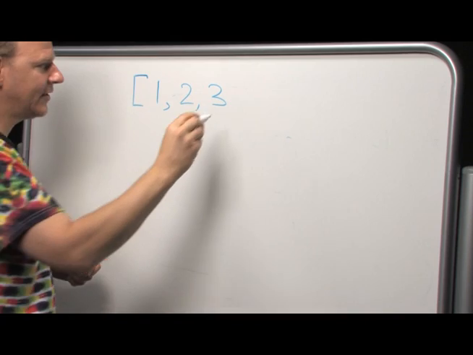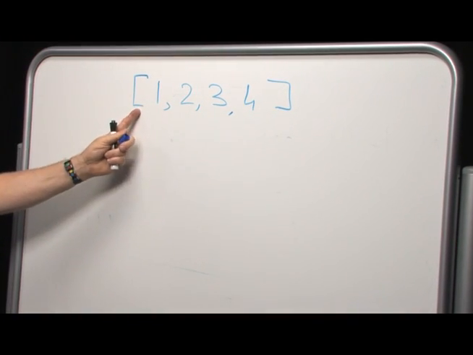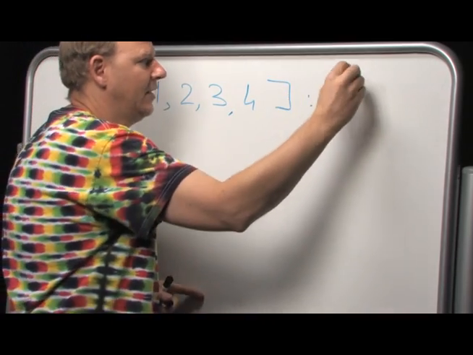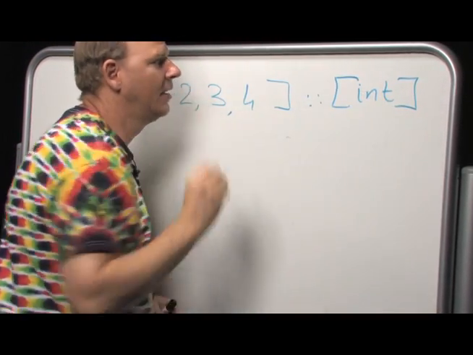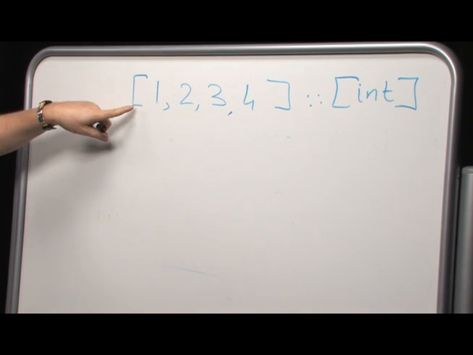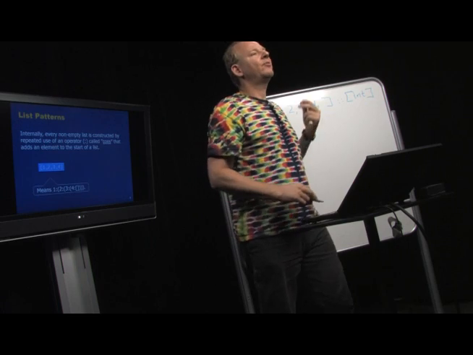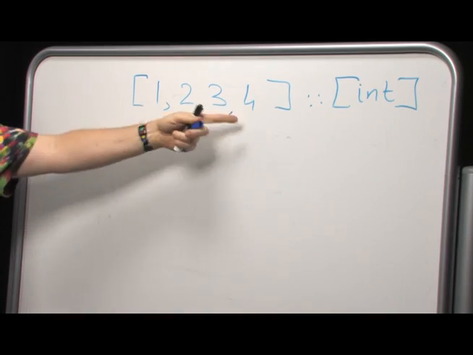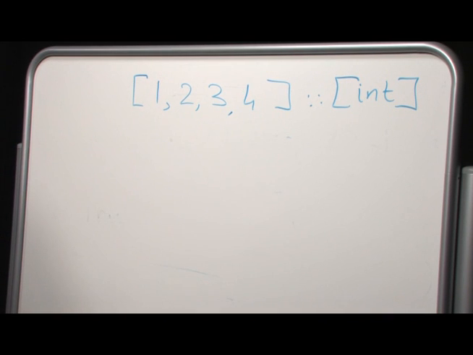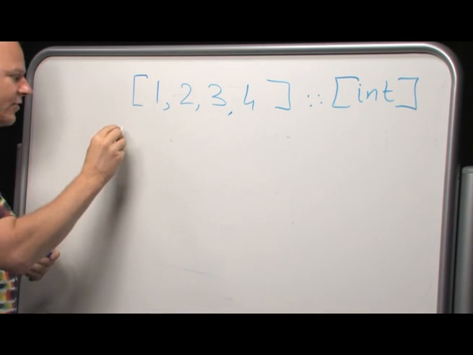If you write a list like this, with square brackets, this has type list of Int. You write a list by putting the elements between square brackets, but really this is just syntactic sugar. It's an abbreviation for writing the list using its constructors.